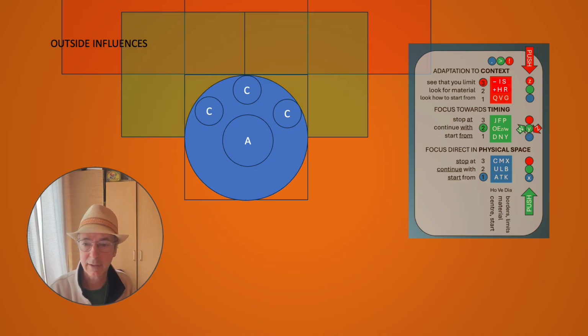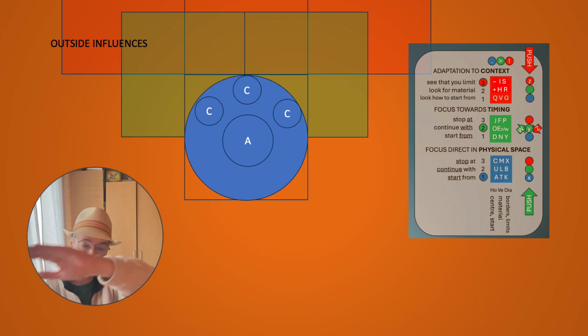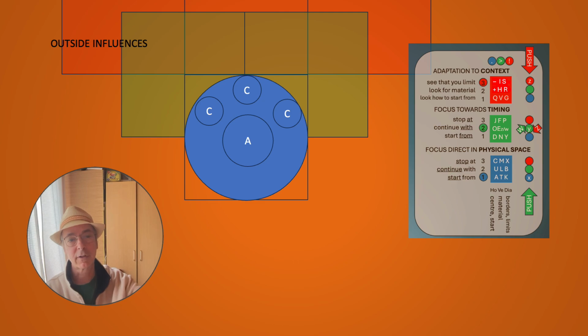The next letter will be the letter R, so it will be about these outside influences. We have 3 categories: space, the timing, and the outside influences, or the general influences, or what matters as well.